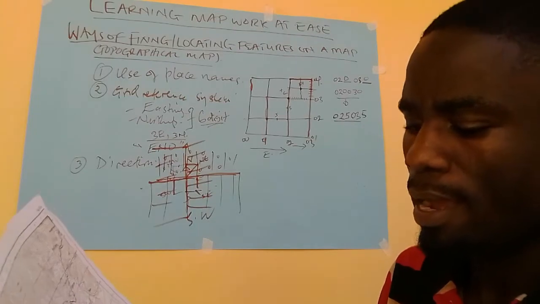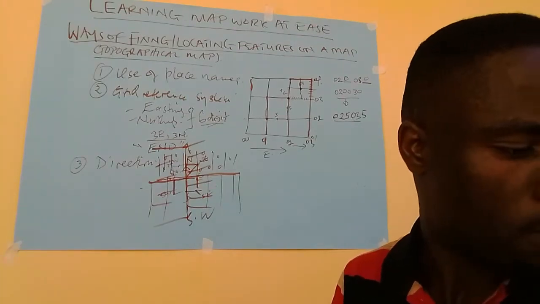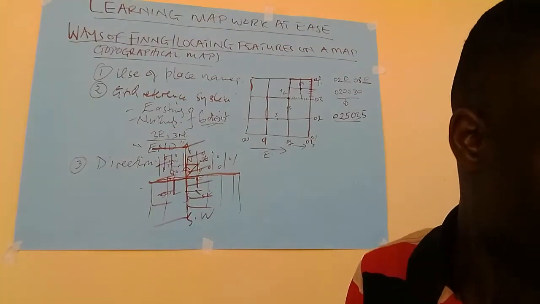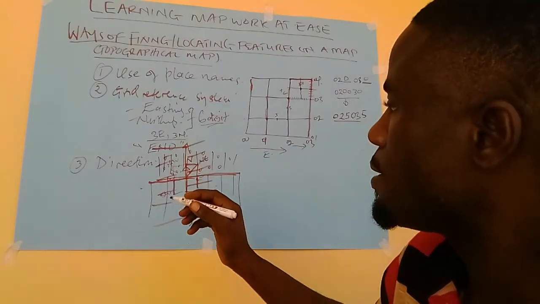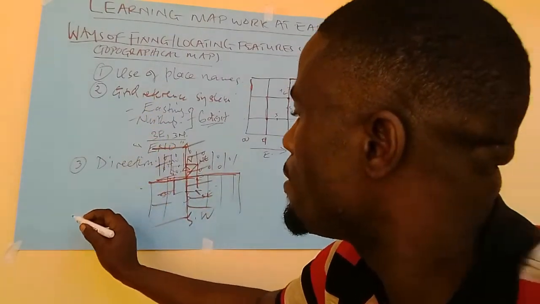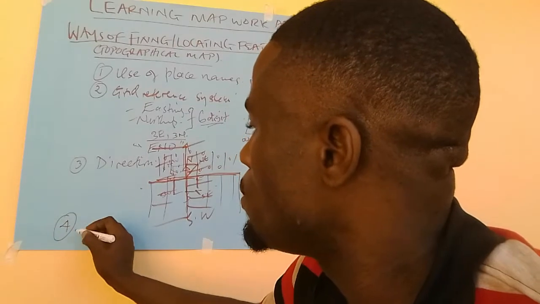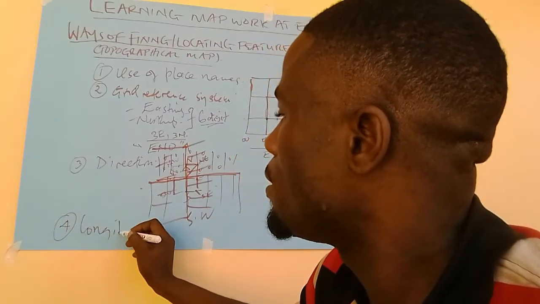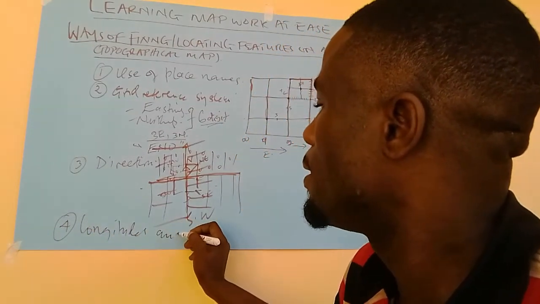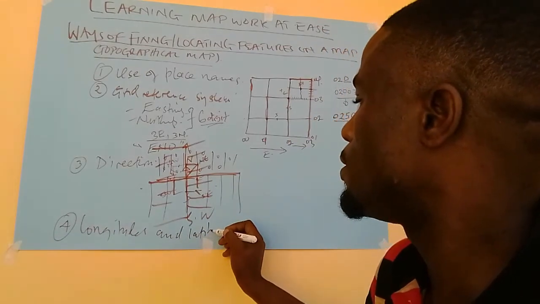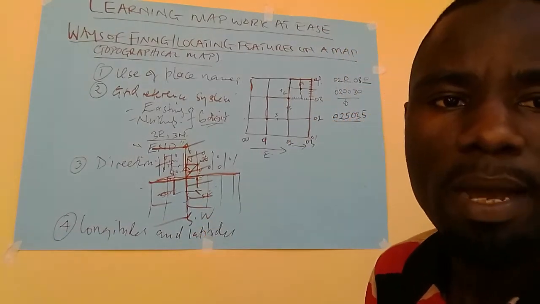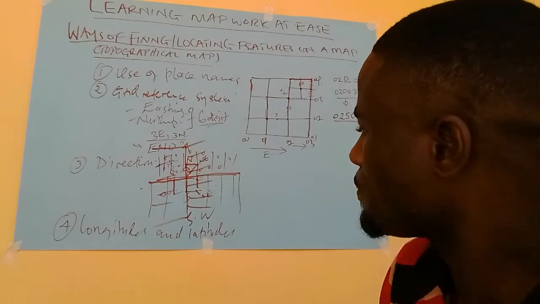And another way we can give our directions, our evidences, we can use longitudes and latitudes. These are imaginary lines that are drawn on a map.